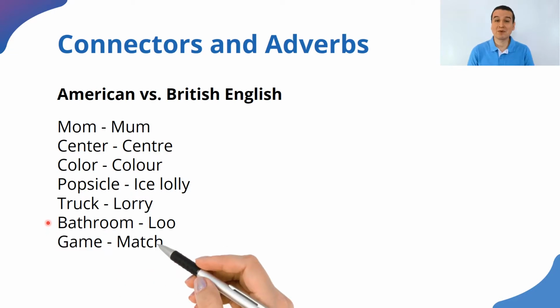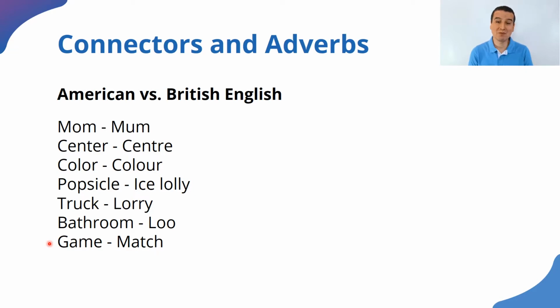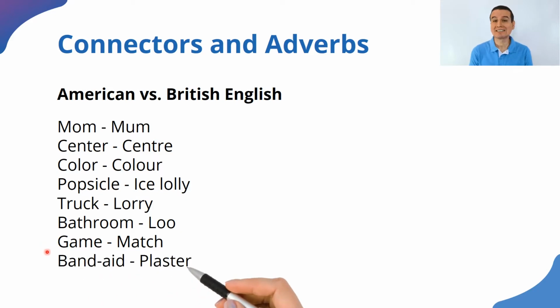A game, when you're playing a game, you can call that a match more frequently in British English. A band-aid could be a plaster in British English. So as you can see, there may be some differences in vocabulary, and you just have to pay attention to where the author is from or what kind of English he or she is using.